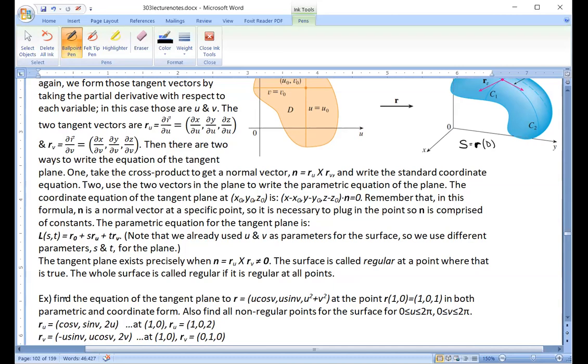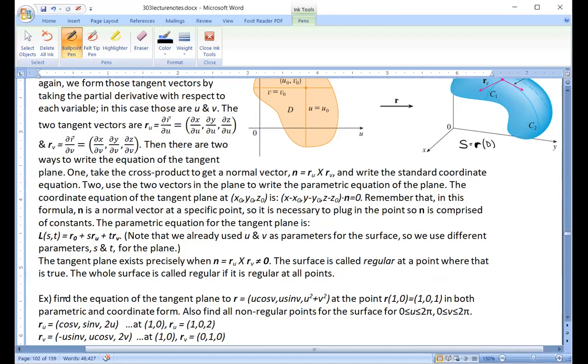And the other tangent vector, dRdv. So calculating dRdv, we get (negative u sin v, u cos v, 2v). And again, we want the tangent vector specifically at this point. So plug in (u, v) equals (1, 0). And that gives you (0, 1, 0).